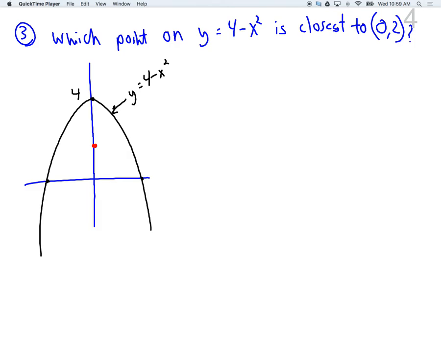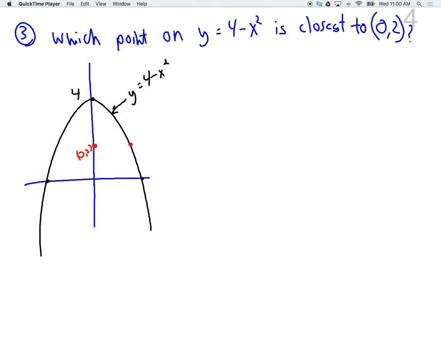Let's pick a random point on the parabola, say over here. What are the coordinates of that random point? This point is not at 0, 2.